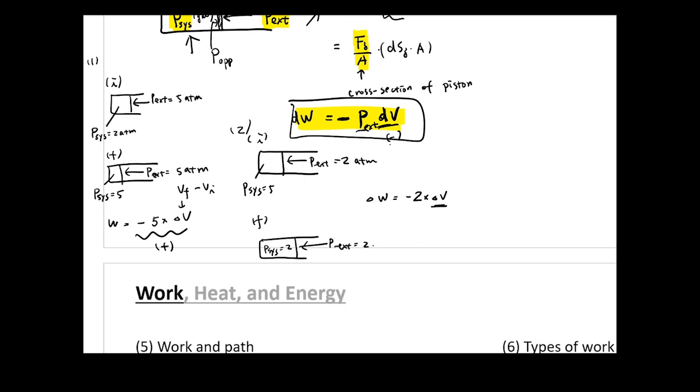Positive, right? Because the final volume is larger than your initial. Since this is positive with the negative sign in the front, the work will be overall negative. That means the system is doing work toward your surroundings. So your system is losing energy. That's why it's negative.